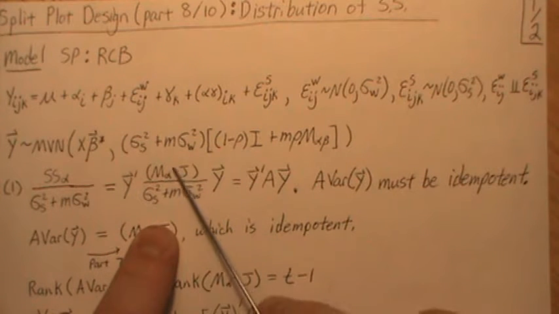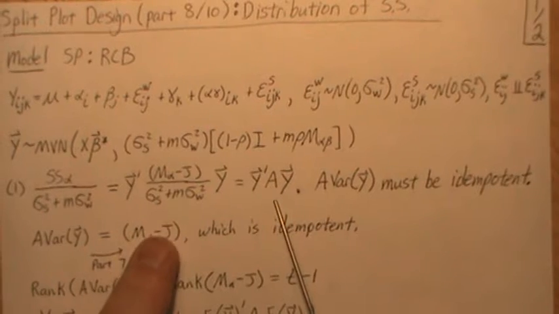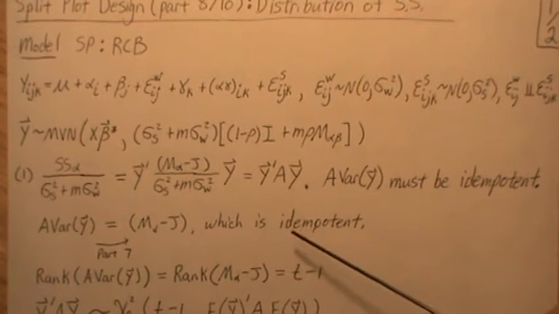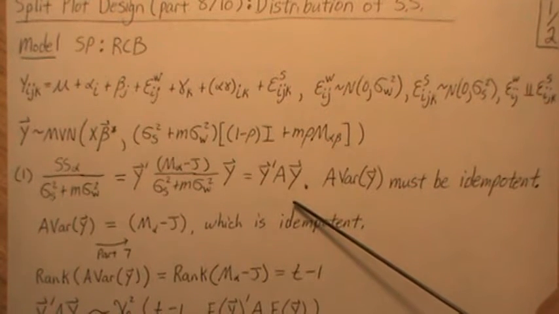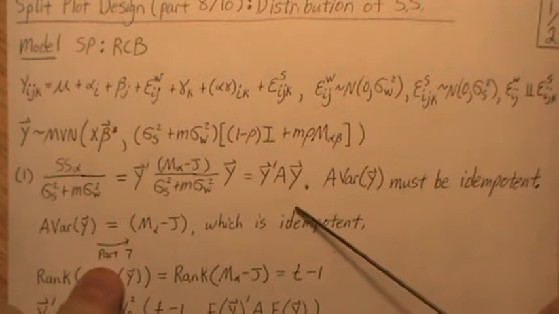But if we just generically call this middle part A, then this is a quadratic expression. And I have a playlist for quadratic forms, and in there I have, I think, 3 or 4 parts on the distribution of the quadratic form. I encourage you to look at that if you need more information there.